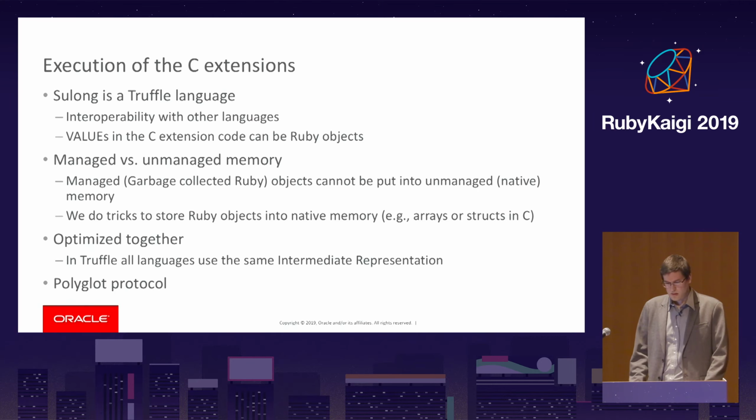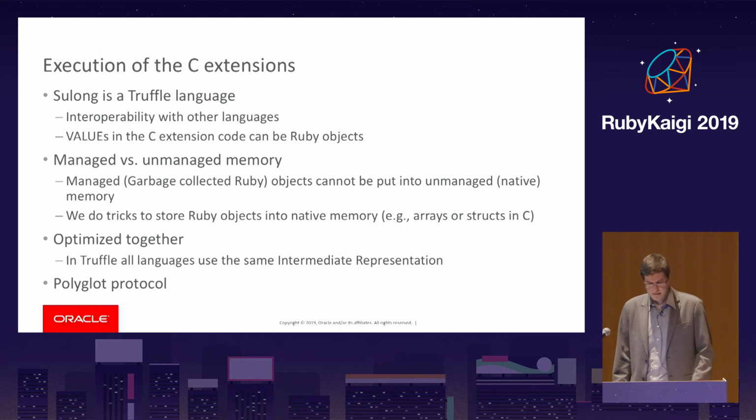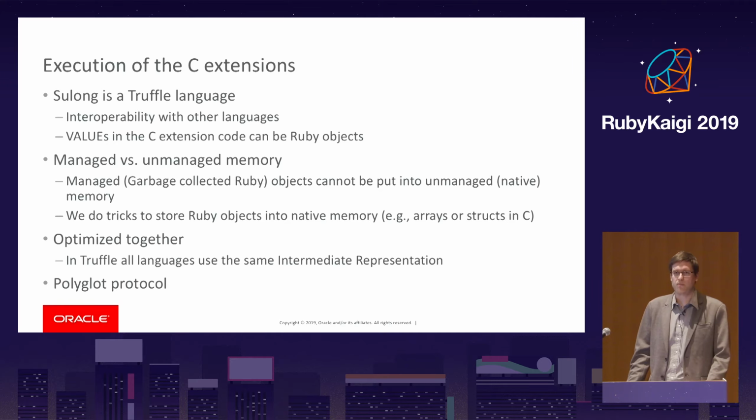Another concept we need to understand is the difference between managed and unmanaged memory. The Ruby objects are implemented as regular Java objects, and they are managed, which means that they are managed by the VM. They can be garbage collected, they can be moved, and stuff like that. And then there is unmanaged memory, or native memory, which is allocated by the LLVM for structs, stack, or native arrays, and stuff like that.